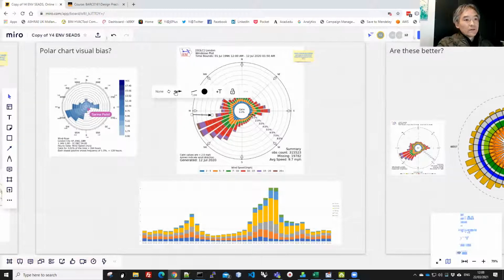So that one and this one. If you look at this chart, this direction is about 2 times as frequent as the next one here, but on here, you probably want to say 3 or 4 times. So it amplifies the difference quite dramatically, and that leads to a very wrong impression of what the actual distribution is.